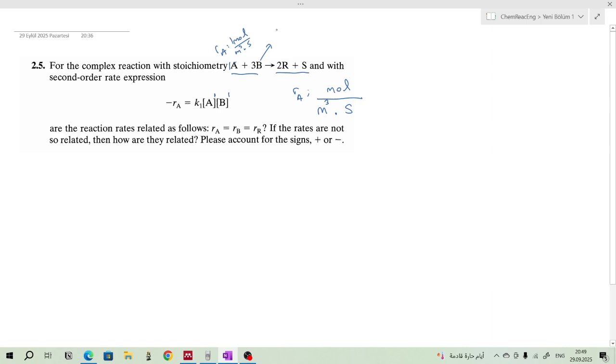So from this one, I should consume 3 moles per meter cube second. Since the time interval and volume are the same, the reaction rate should be 3 times bigger for B.